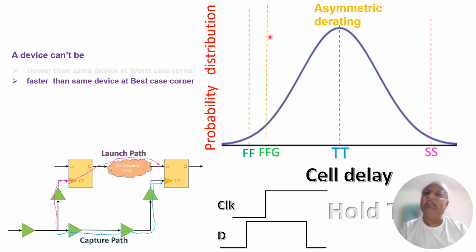That is why we have taken the value slightly interior towards the nominal from the first corner, and we are considering this as the global corner near the fast corner. Similarly, we can consider the SSG corner, which is in between the SS corner and TT corner, and based on that we can find that some are slower than this SSG corner and some are faster than this SSG corner. We will see further.